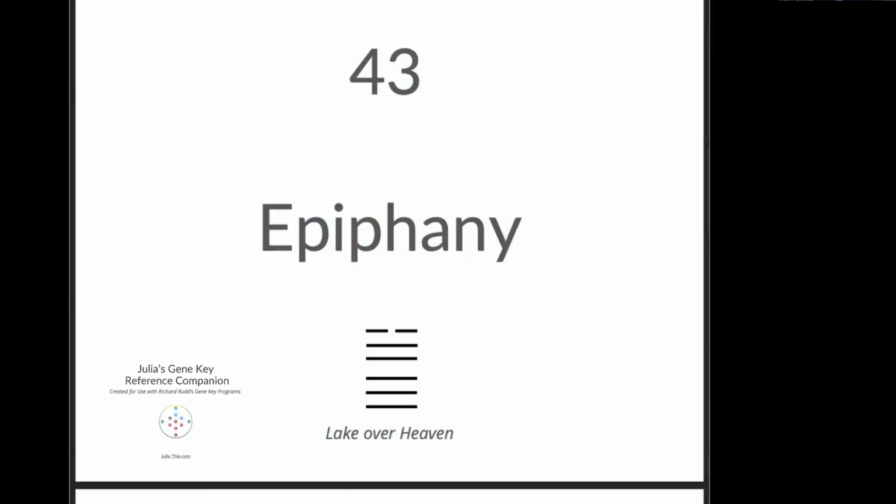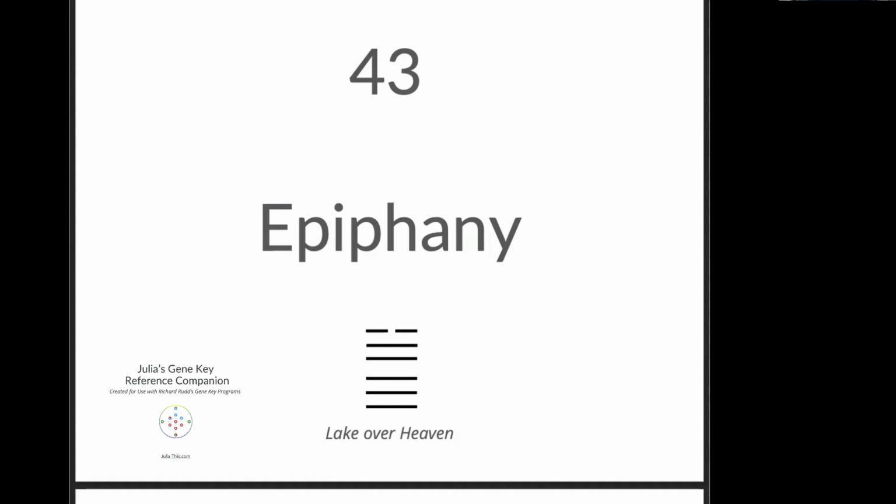Now, let me briefly share my screen and show you an example of what I'm talking about. The 43rd gene key. This is the divine state of epiphany, which is part of what contemplating can give you. You have that aha moment. You are raised to another level of awareness, the sense of epiphany.